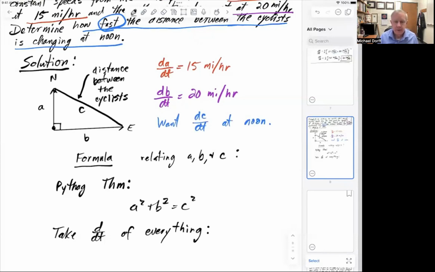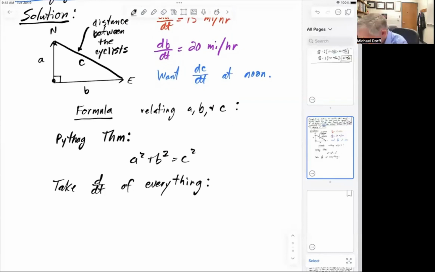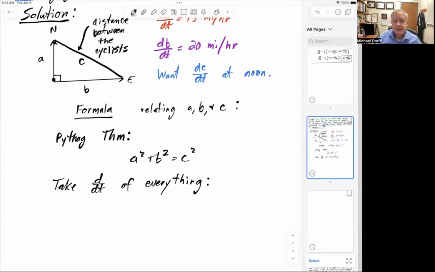Then we had to find a formula relating all those variables. And then we take the derivative of that formula, because these are rates of change, how fast something is changing. All these problems are very similar in approach. What's different is that the problems are stated differently, and that's what can make them really hard.